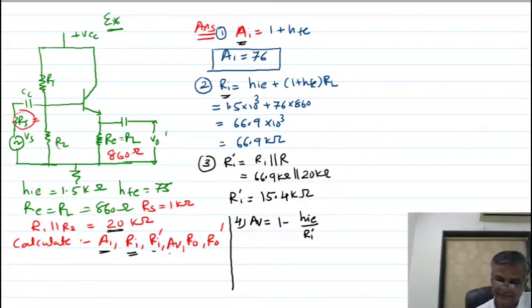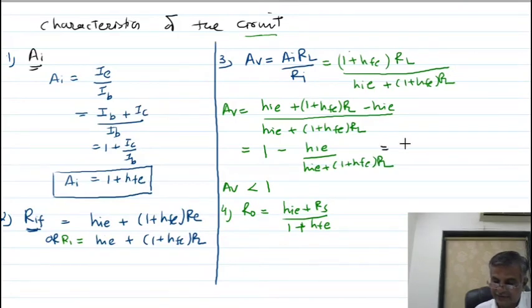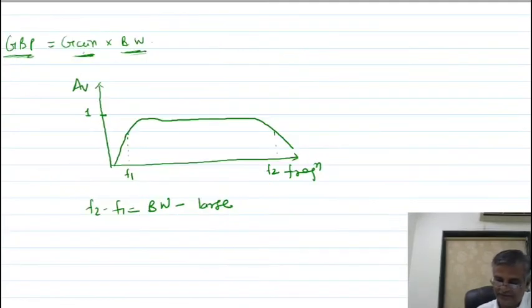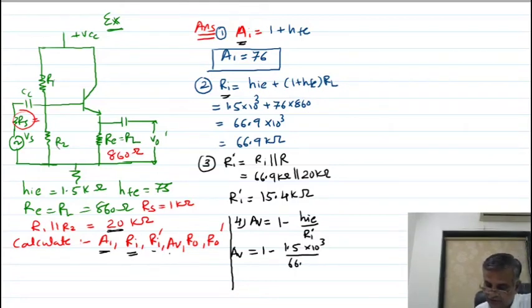So the gain is equal to 1 minus HI, where HI is given as 1.5 kilo ohm, upon RI, which is 66.9 kilo ohm.